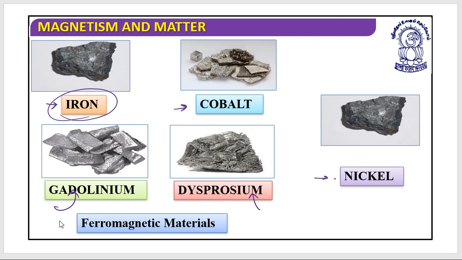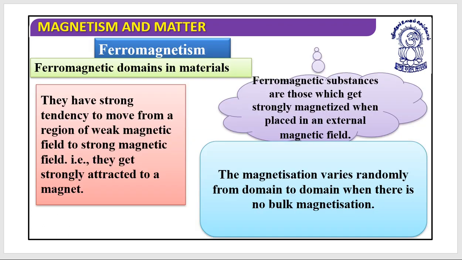Iron, that is known to us. Cobalt, definitely. Nickel, yes, definitely. Not sure about the remaining two, but you must know what iron is and how it should behave, what cobalt is and how it should behave. So now a certain picture should be clear in your mind about what ferromagnetism is all about. Let's have a look theoretically.